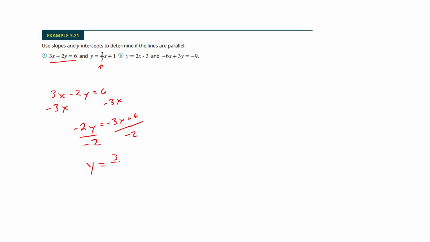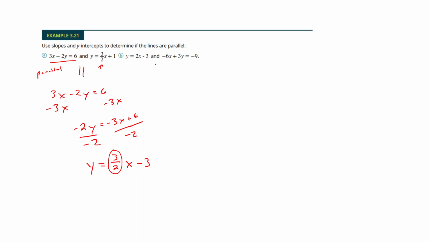So it became 3 halves x, and then minus 3. Now look at my slopes. I have a 3/2 slope on the first one and a 3/2 slope on the second. So these have the same slope. These are parallel lines. You could use the parallel symbol or you could write this out. So we got parallel because they have identical slopes.